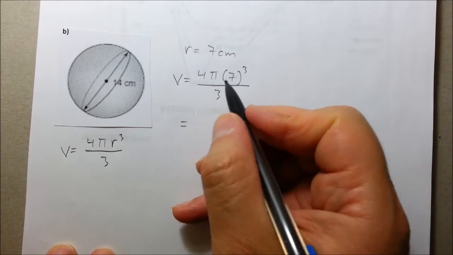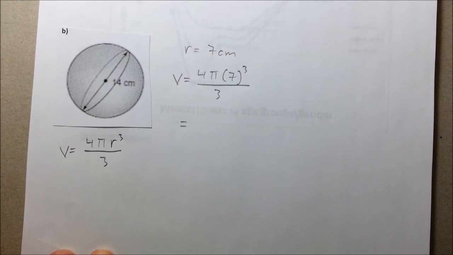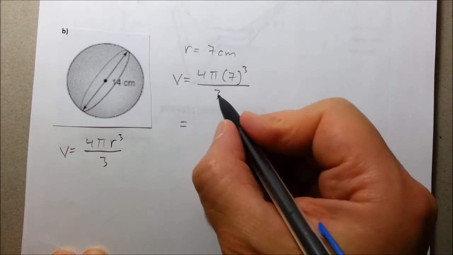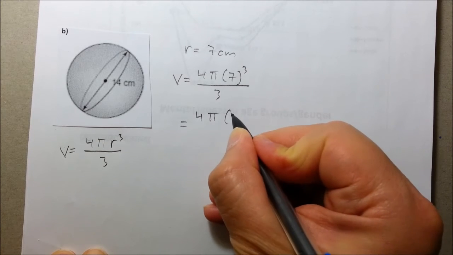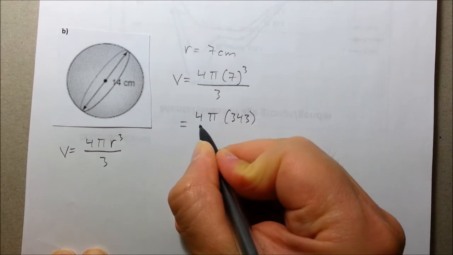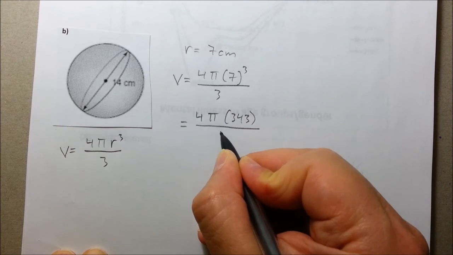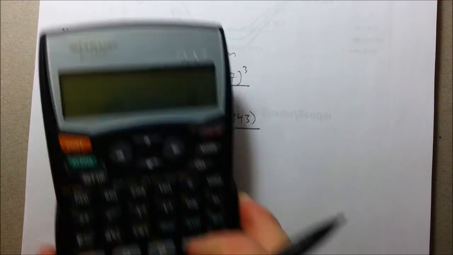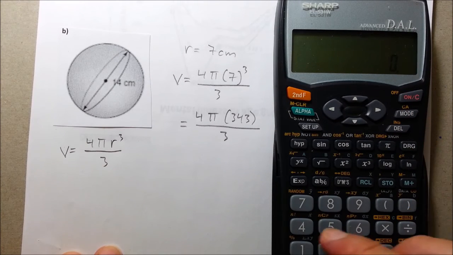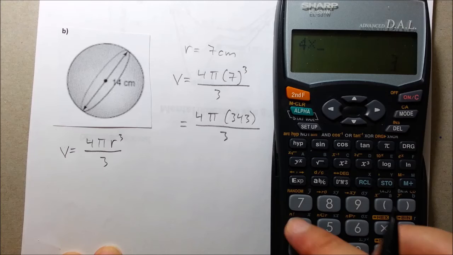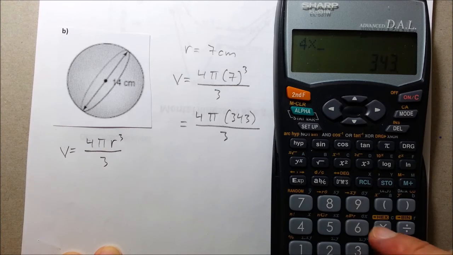What is this formula going to be equal to? Well, we take 7 to the power of 3 in our calculator, and that's going to give us 4 pi times 343 over 3. At this point you can break it down, but I'm just going to do it all in the calculator: 4 times 343 times pi, all of this divided by 3.